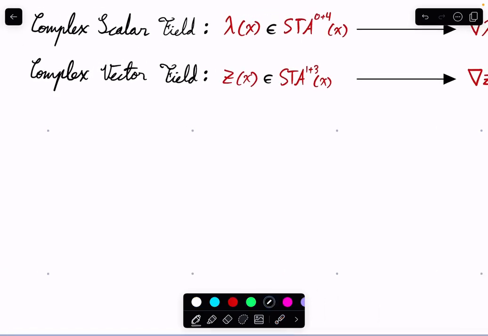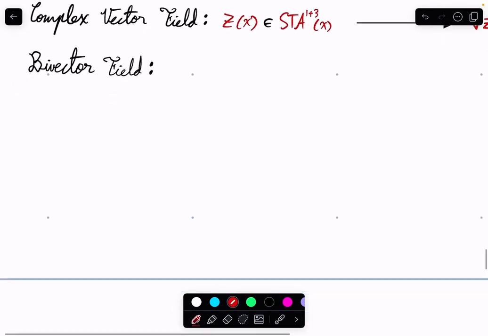And finally, we can look at the bivector field, which the bivector fields have complex structure. So you don't need to say complex bivector field because the bivectors are naturally complex within the spacetime algebra.